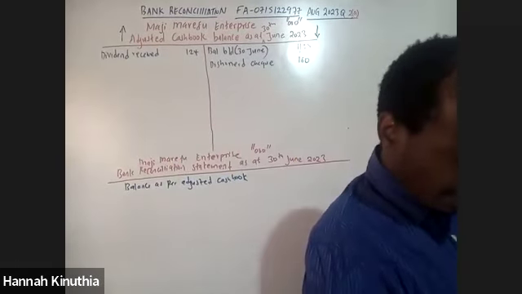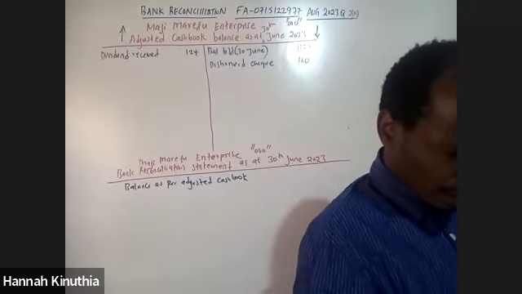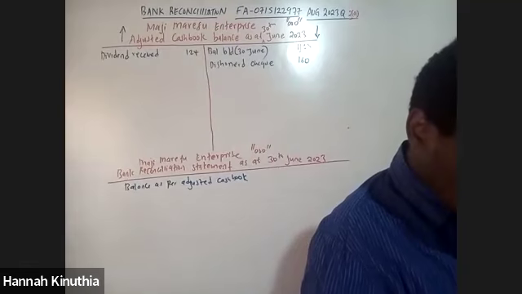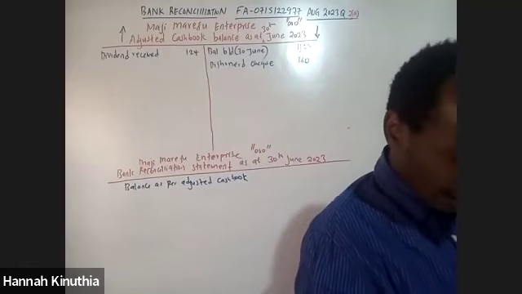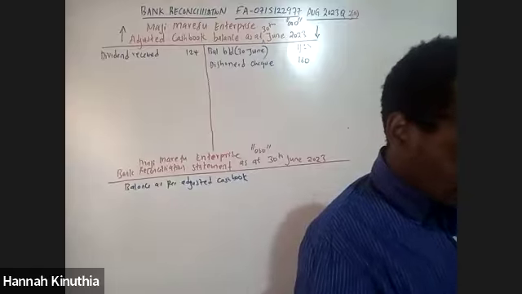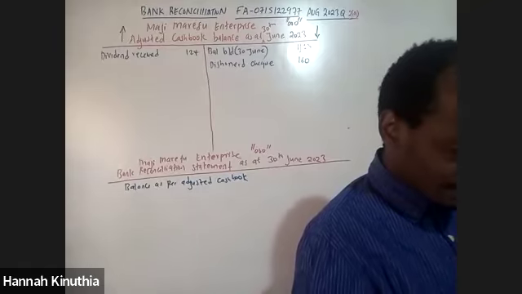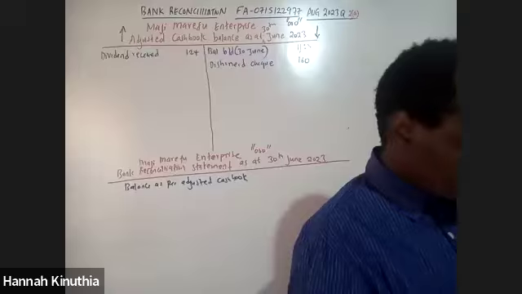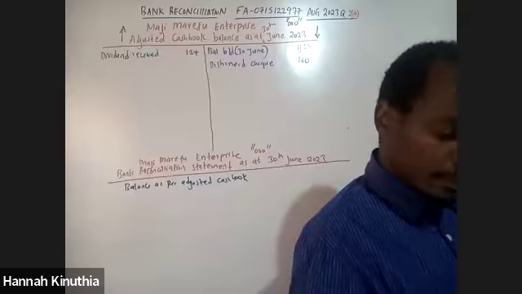Next, a check drawn of 12,000 had been incorrectly entered in the cash book as 132. Hiyo inamaanishaje? Now, when you say a check drawn, what does it mean?